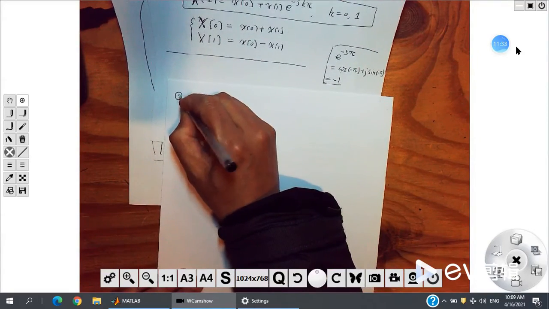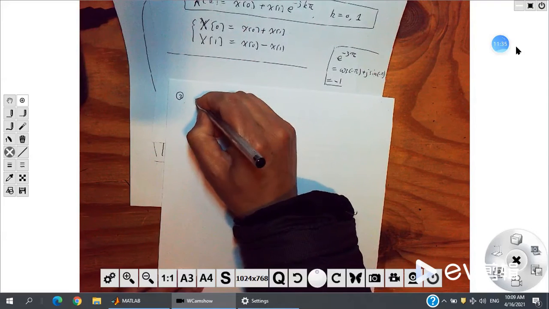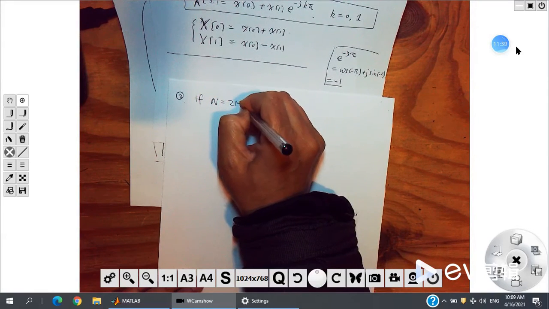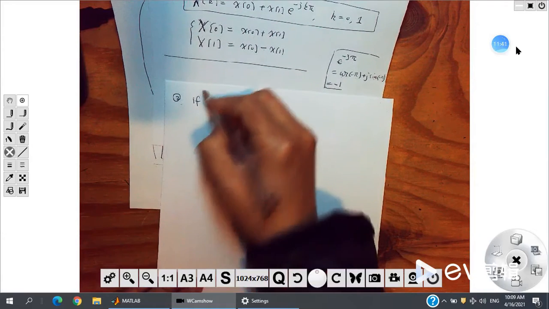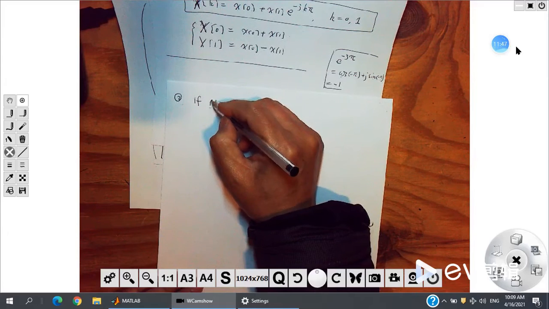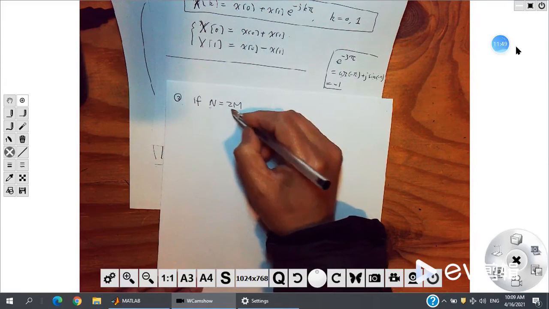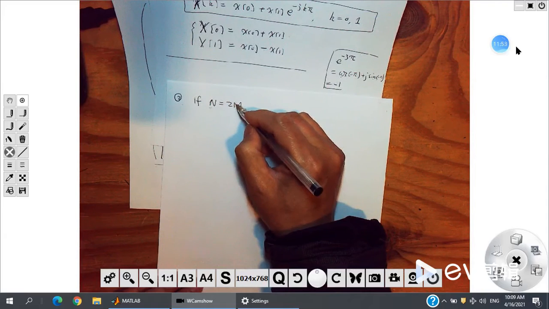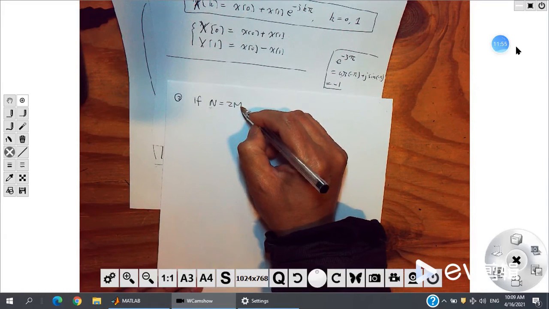Second factor: if n equals 2m, where n is the total number of samples, we consider the n-point DFT. Now suppose n is an even number, 2 times some m.